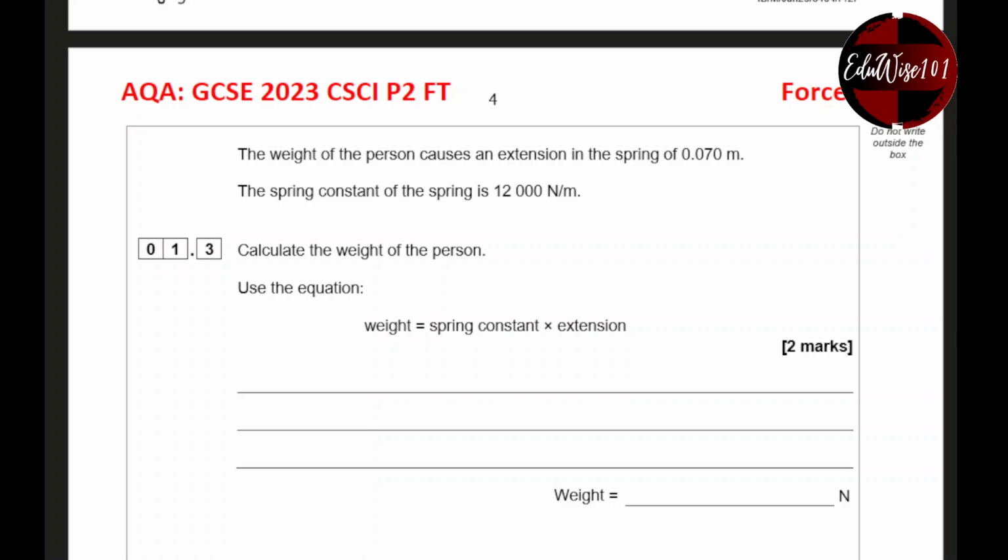Next part. The weight of the person causes an extension in the spring of 0.07 meters. So that's the extension. The spring constant of the spring is 12,000 Newton per meter. Calculate the weight of the person. Use the equation below.